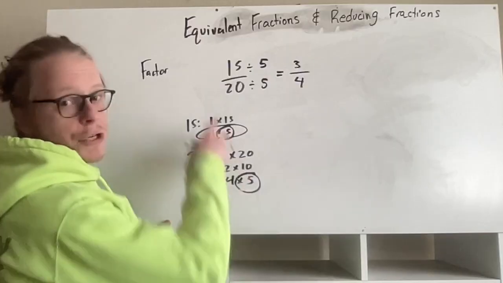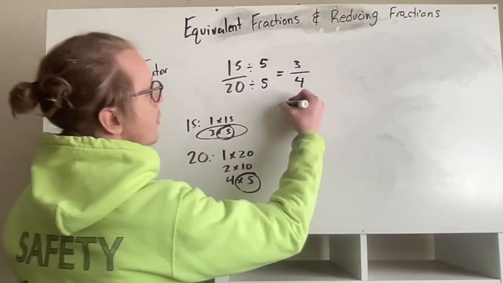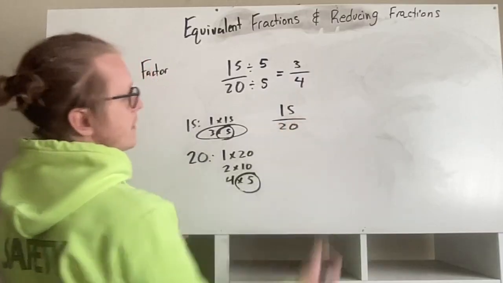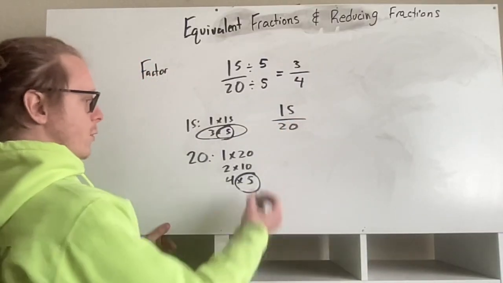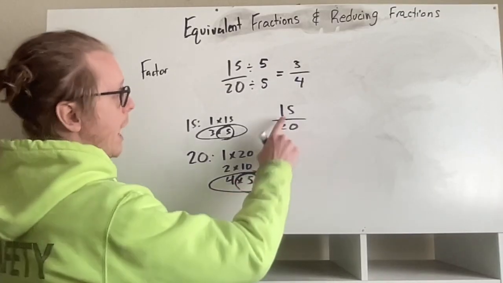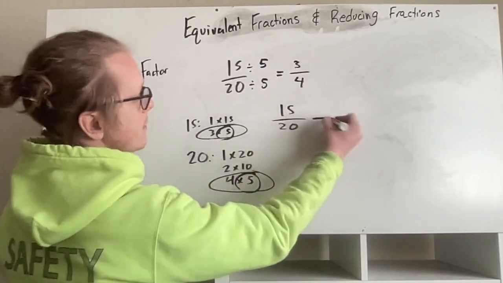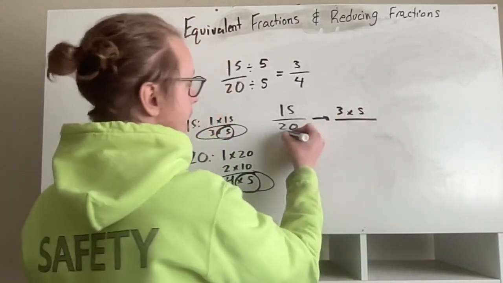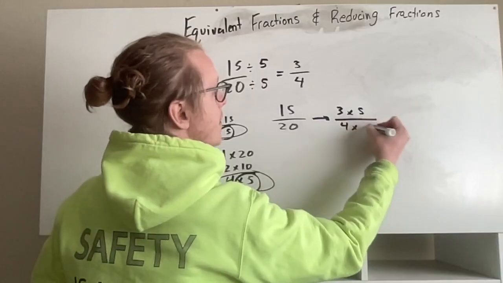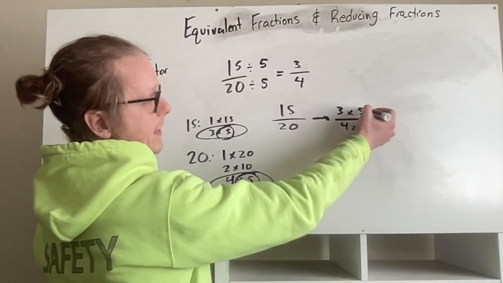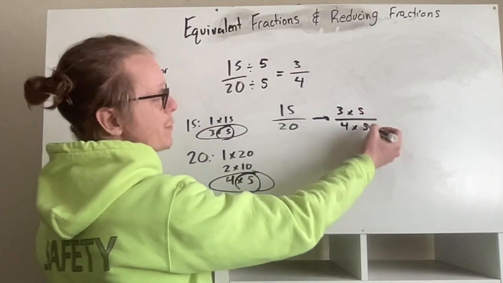Okay, I want to show you this another way as well. We could think about it like this instead, okay? We have 15/20ths. We identify 5 as the common factor. I'm going to rewrite the 15 as 3 times 5. And I'll rewrite the 20 as 4 times 5, okay? And then this here, we think of as 5 divided by 5, which is 1.